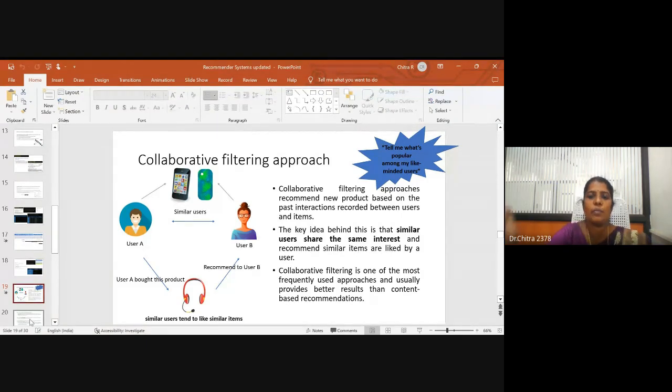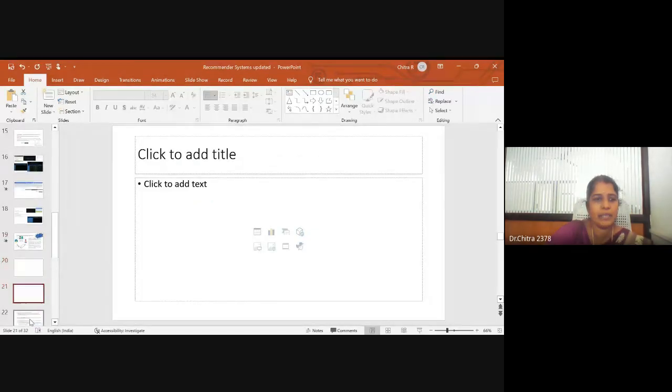That is called the collaborative filtering approach. That is, in collaborative filtering approaches, new products are recommended based on the past interactions recorded between users and items. Similar users share the same interest, assuming that similar users have the same interest. It's one of the most commonly used recommendation systems, more than the content based.